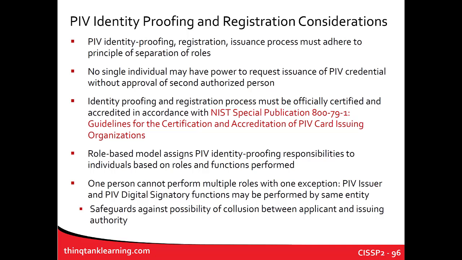The only exception to that is the issuer and the digital signatory. Those two can be combined together under this principle. What is the purpose here? We're trying to reduce the risk of collusion between the applicant and the issuer, safeguarding against the possibility of collusion between the applicant and the issuing party.